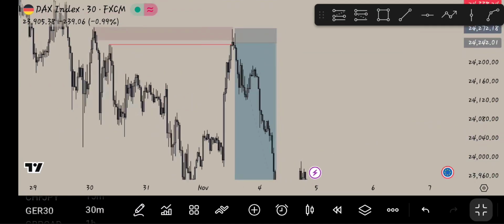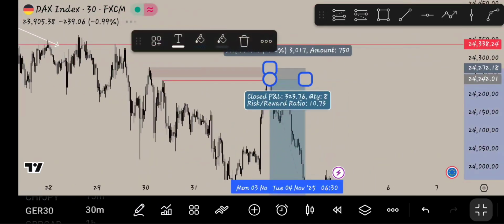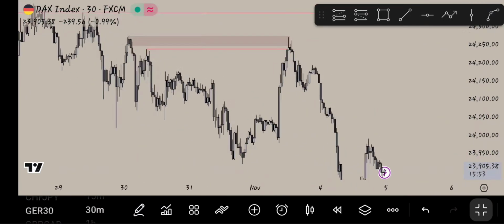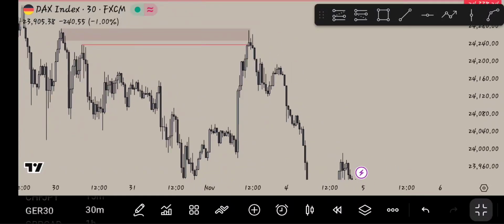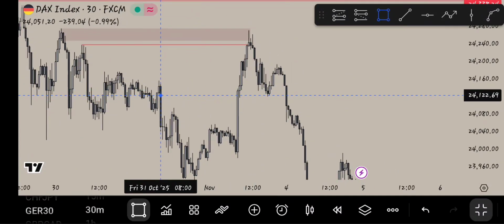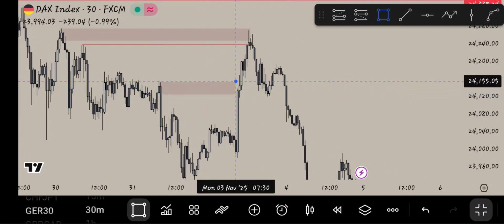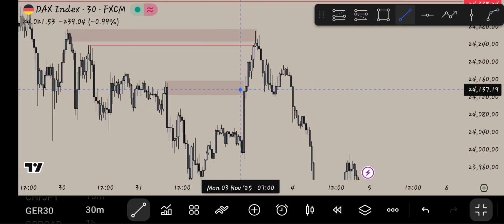So that was when I went up to the 30 minutes and I was actually marking out this area right here. My liquidity was somewhere around here.